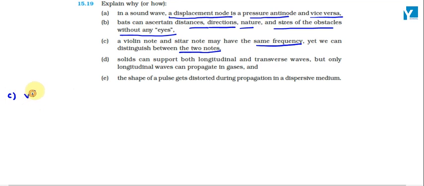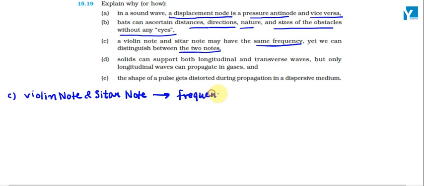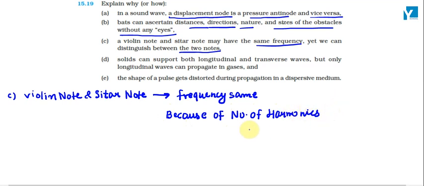Given that a violin note and a sitar note both have the same frequency, still we can distinguish between the two notes because of the number of harmonics present in the two notes.